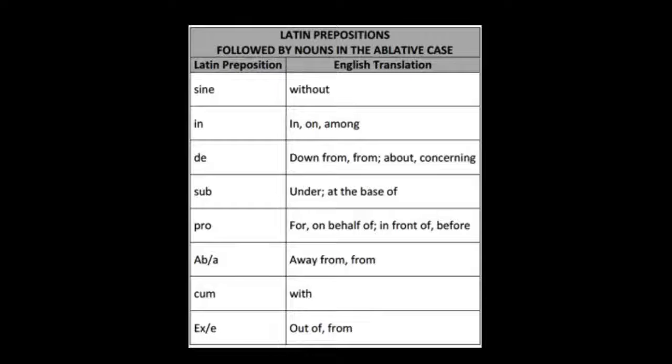Here is a list of Latin prepositions that must be followed by nouns in the ablative case. It is important that you learn what these prepositions are and what they mean. Just like the accusative case prepositions, you will see these in a Latin sentence, and there will be an ablative case noun following it.